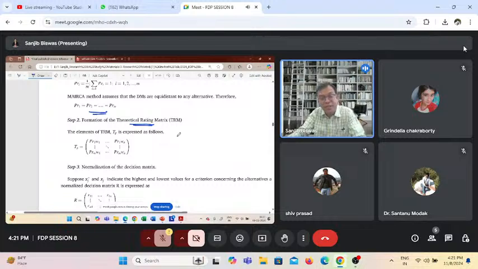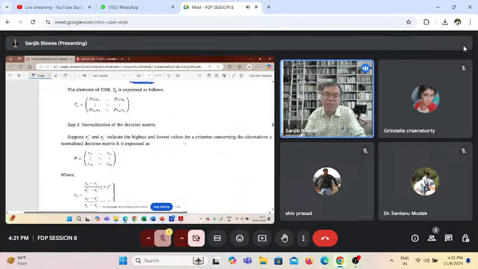Now, in reality, it doesn't happen because priority values change. To find that out, first we go for normalization. Why is normalization important in an MCDM based problem? You know that I have these alternatives and these criteria. These criteria are heterogeneous in the sense that they have different ranges of values, different units of measurement, and different definitions.